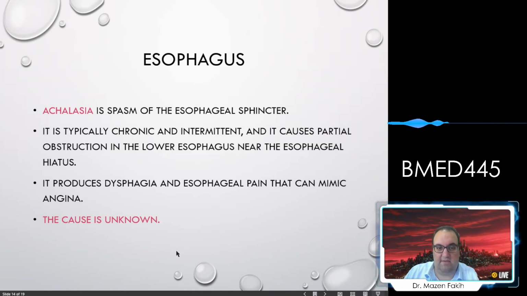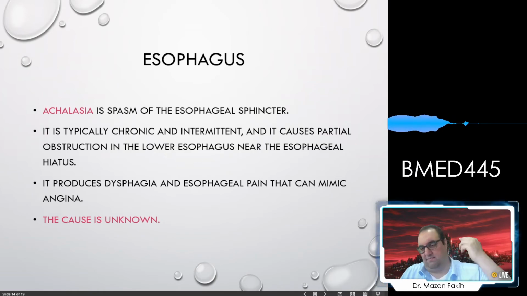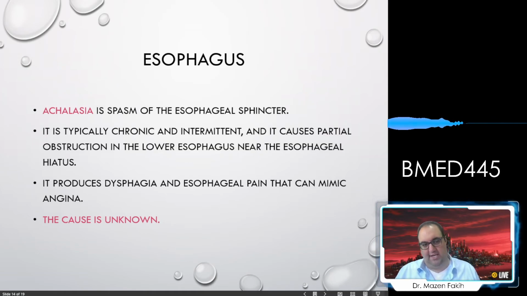It's chronic, intermittent, تعمل partial obstruction للlower esophagus حد الesophageal hiatus و it produces dysphagia. بيصير وجع كتير قوي بالظهر وعادة على راس المعدة and it looks a lot like angina. We don't know the cause. We don't know exactly what causes this spasm. There are surgical interventions حتى يخففوا هذا الspasm.